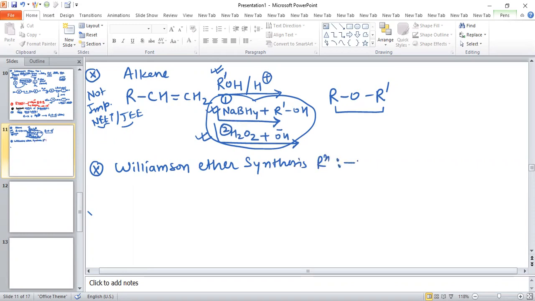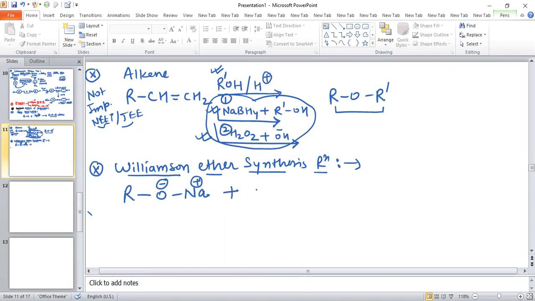Next we are going to discuss the Williamson ether synthesis reaction. See what happens in it. This is sodium alkoxide, O minus and Na plus.